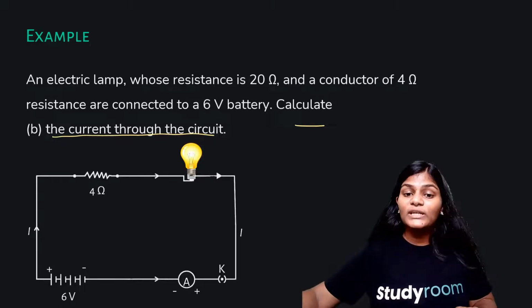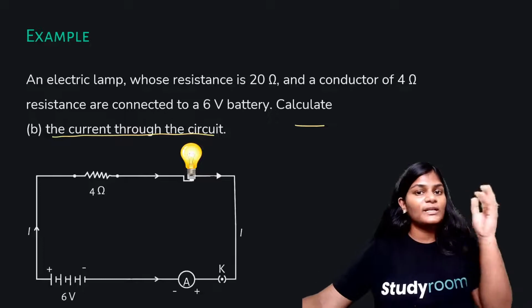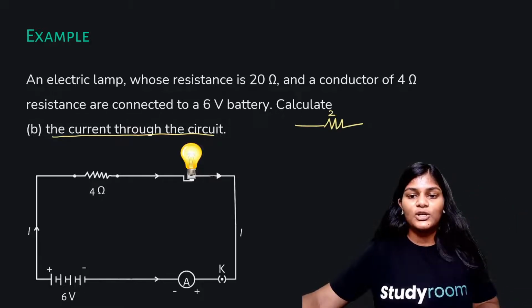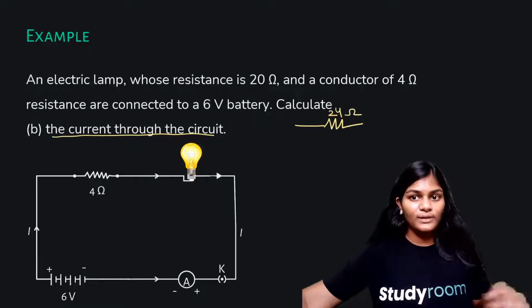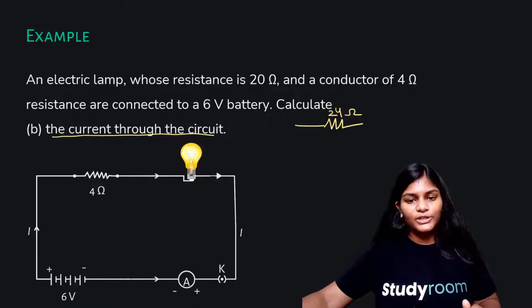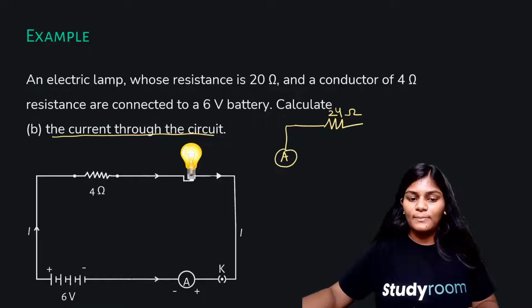So now that I know that there is 24 ohm of resistance, I would not write the 20 and 4 ohm differently. I'll just write one resistor as 24 ohm. Now, because we have to calculate current, you can draw an ammeter here. As you should remember, it doesn't matter where the ammeter is shown.